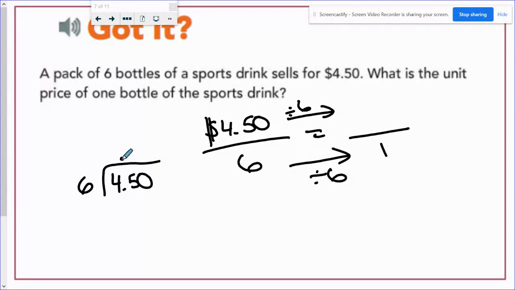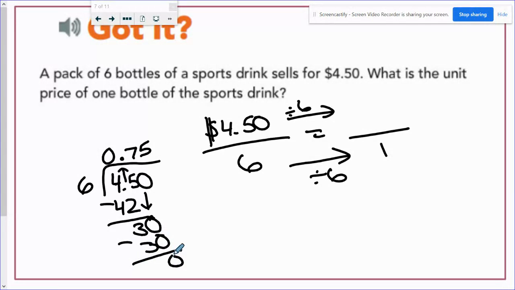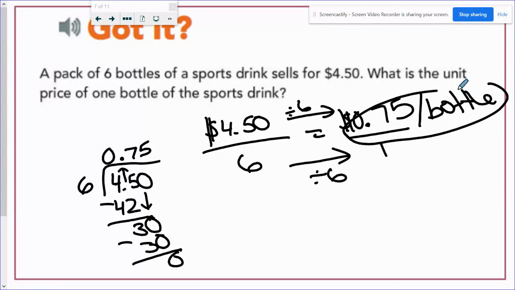I'm going to bring my decimal straight up into the quotient. 6 does not fit into 4, but it does fit into 45 7 times. 6 times 7 is 42. Subtract, you get 3. Bring down a 0. 6 fits into 30 5 times exactly, and we get a remainder of 0, so we know that we are done. So each bottle would be 75 cents. So 75 cents per bottle.